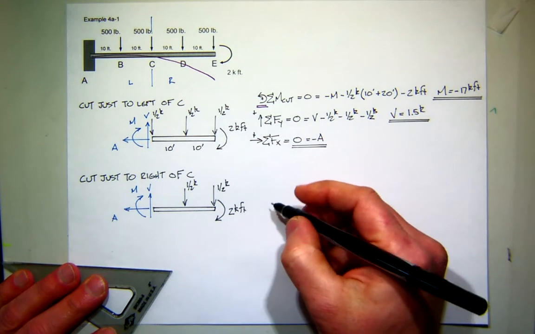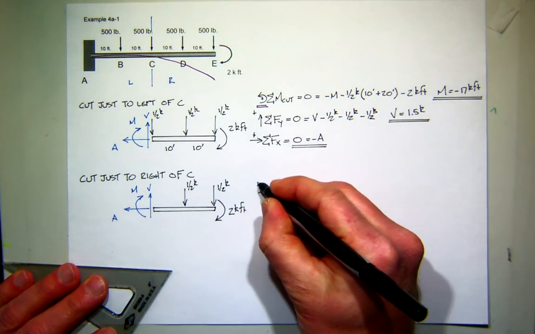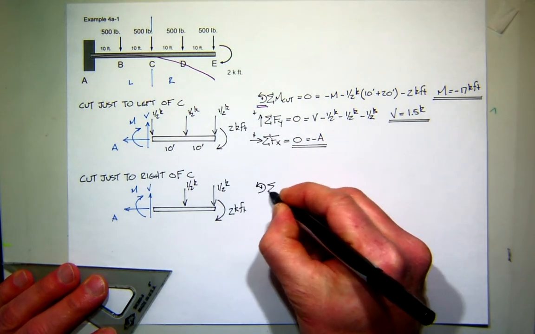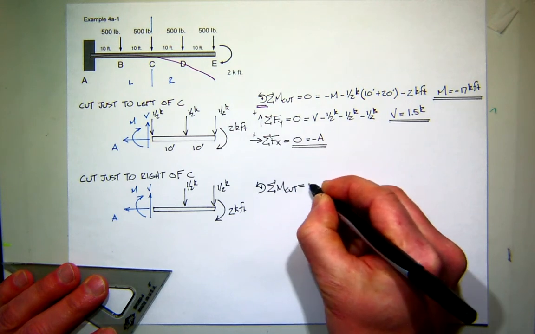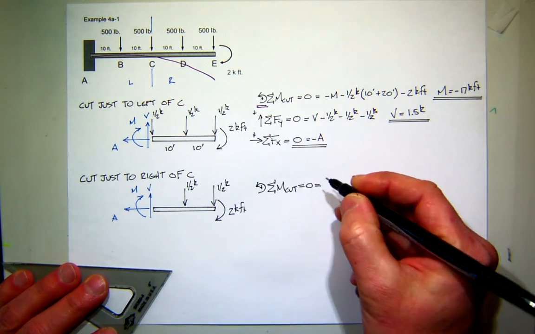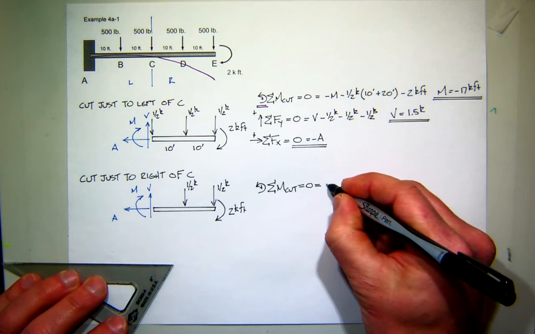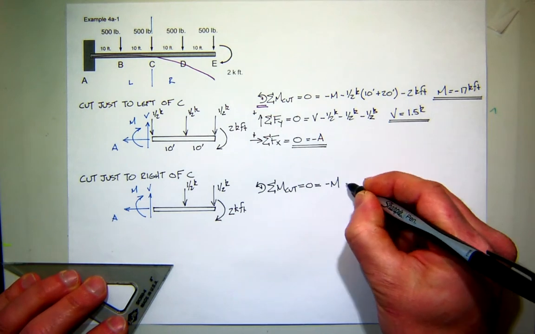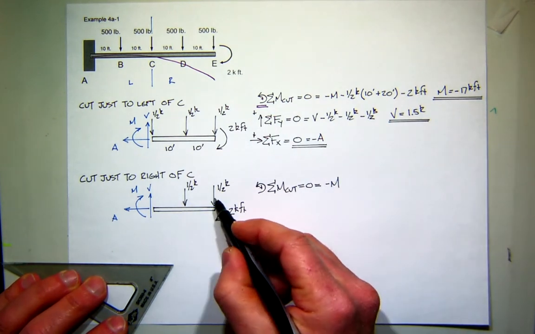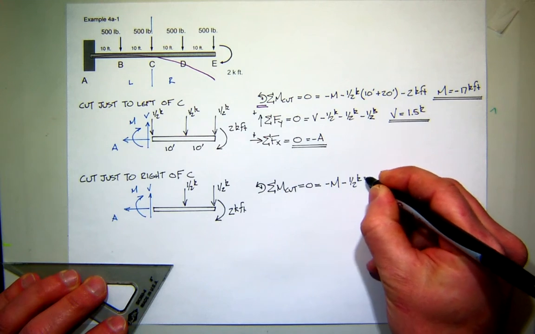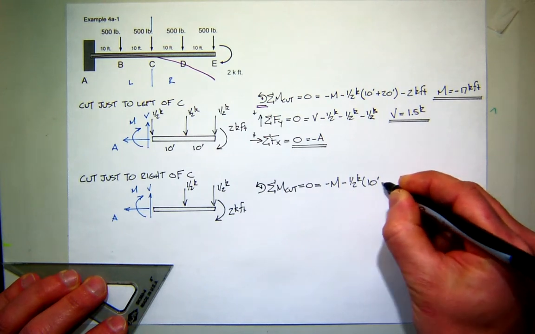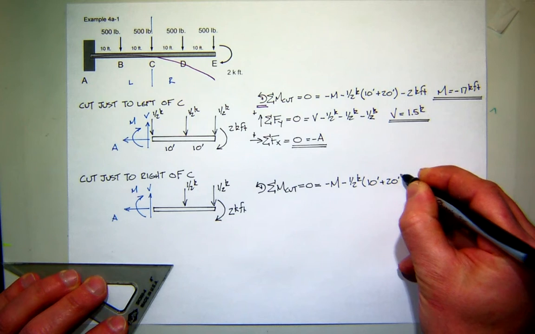So, for equilibrium, I want to calculate the moment, so I sum moments at the cut. Using right-hand rule for my static sign convention, what do I get? Well, this moment is negative, and I have two forces creating negative moment. They have the same value, and they have a moment arm of 10 and 20.